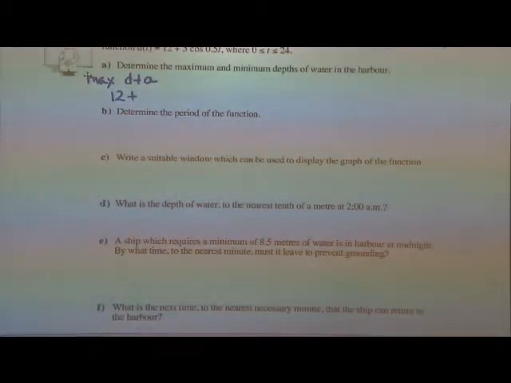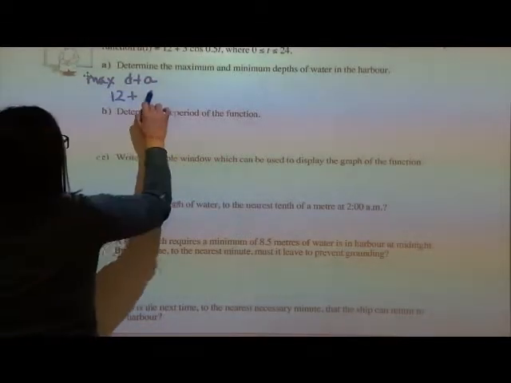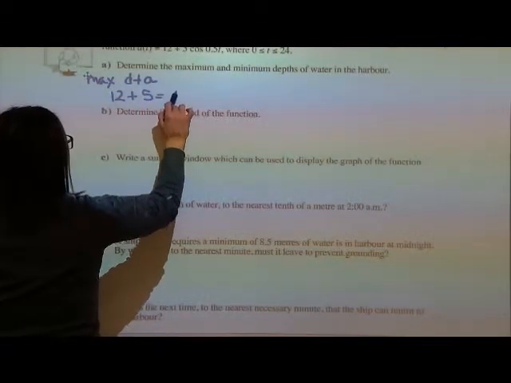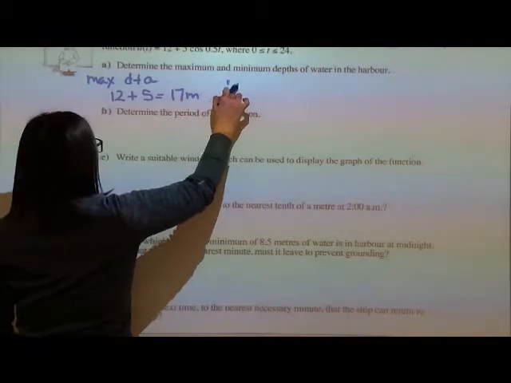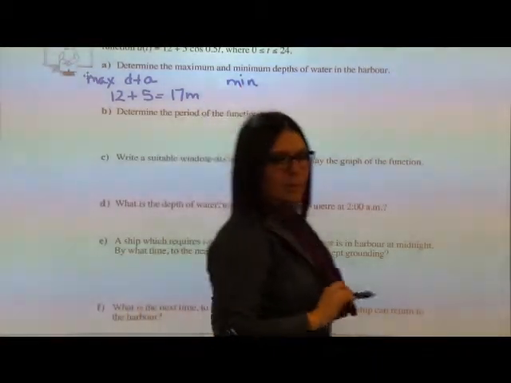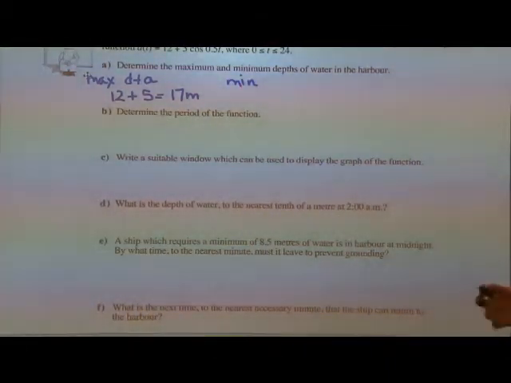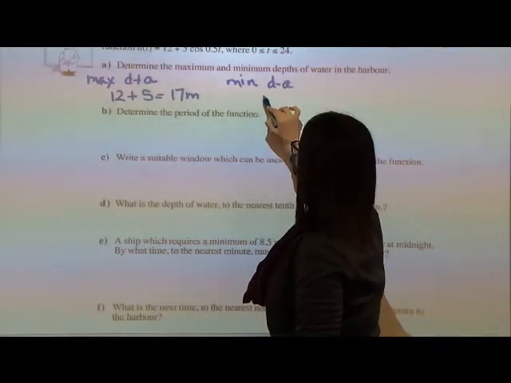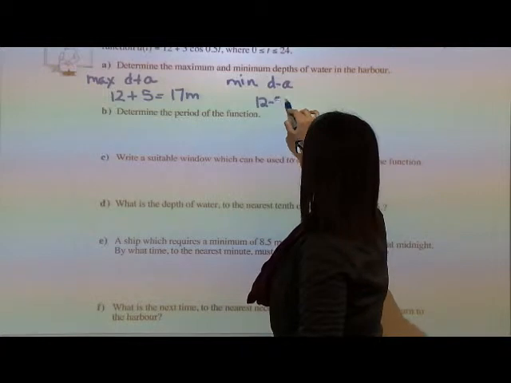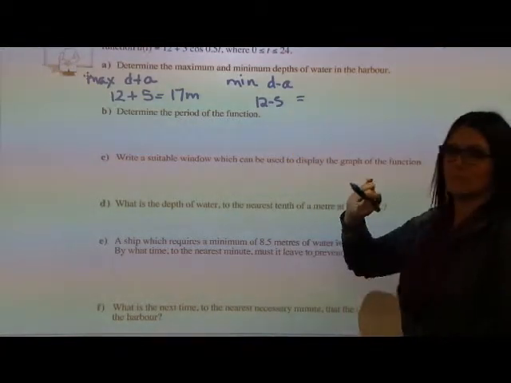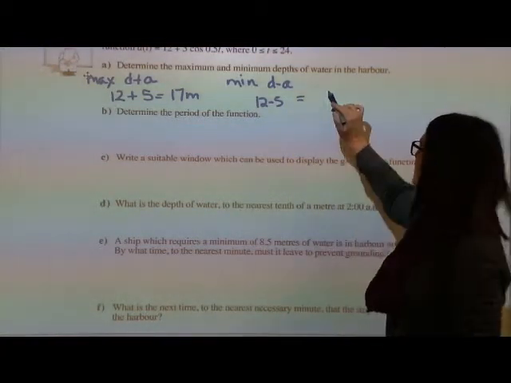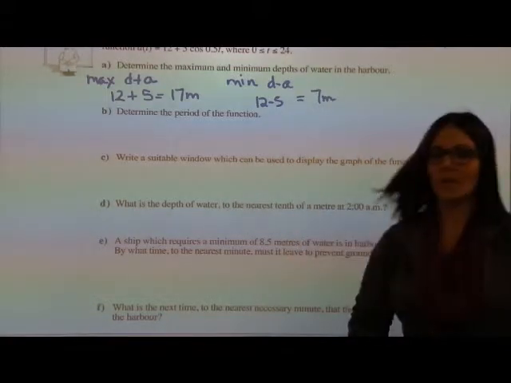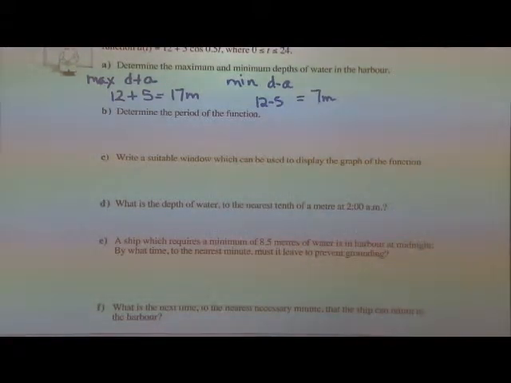And what's A? 5. So the maximum is 17 meters. And then how do I calculate the minimum? D minus A. So I get 12 minus 5, which would be 7.